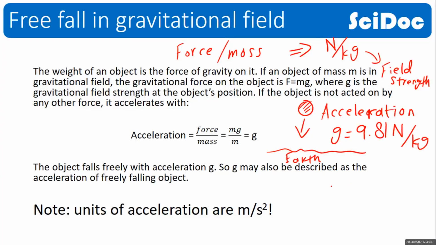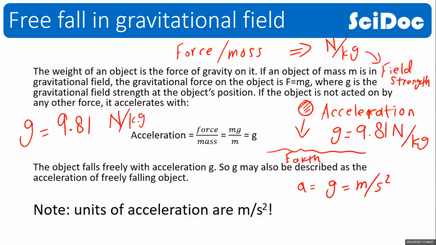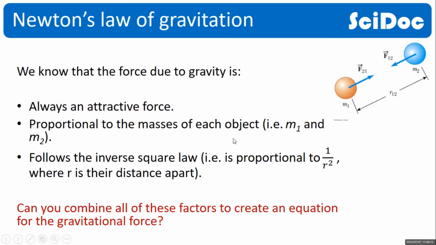Similarly, because it's an acceleration, we can also use the unit meter per second squared. So both of these quantities, the gravitational field strength and the gravitational acceleration, can be represented by the same symbol, g, and it has the same value, 9.81, and we can use the same unit for them as well, Newton per kilogram. So they mean the same, although they can be described in a different way.